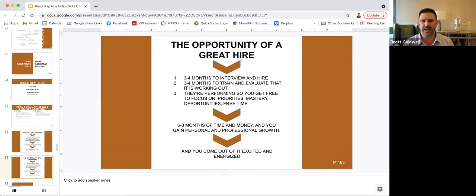So priorities, mastery, opportunities, free time. In the beginning, you have 100% of the activities you need to work on, because you're it. You are the assistant in the beginning. And then when you hire that first assistant or a second assistant, in theory, they're picking up 80% activities that don't make you a lot of money, because those become their 20% activities, if you understand the 80-20 rule. But what that means is you don't get to just have the time off, although you could.